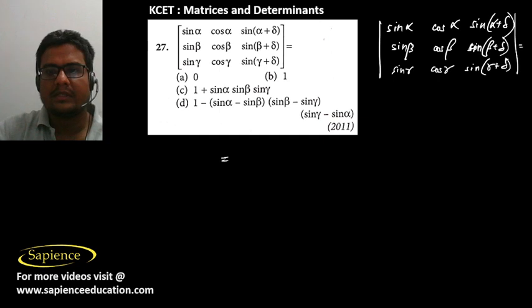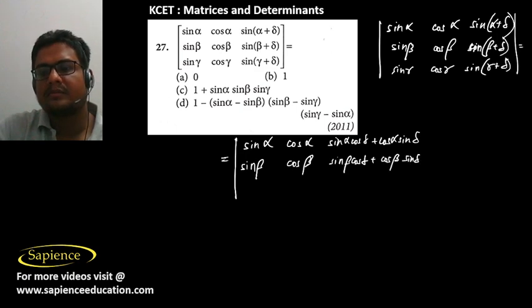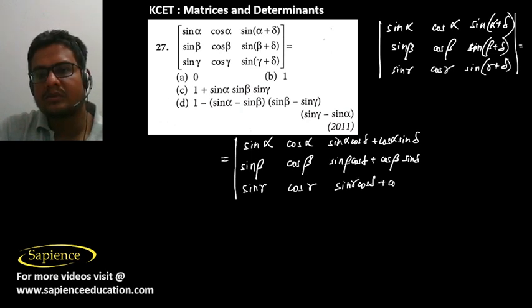We can write it as the determinant of sin alpha, cos alpha, sin alpha cos delta plus cos alpha sin delta; sin beta, cos beta, sin beta cos delta plus cos beta sin delta; sin gamma, cos gamma, sin gamma cos delta plus cos gamma sin delta.